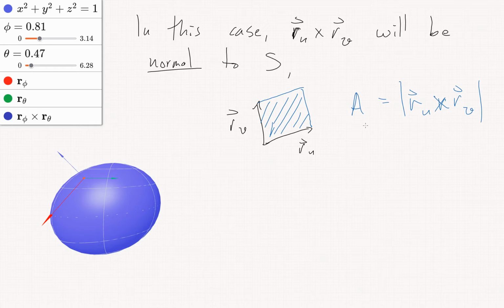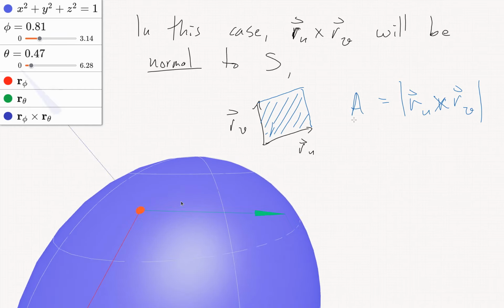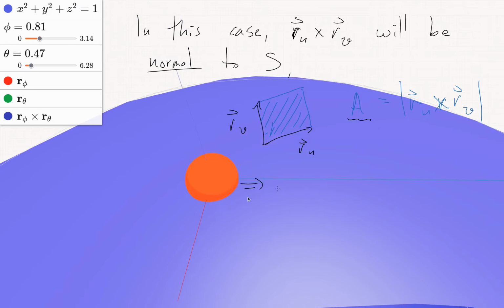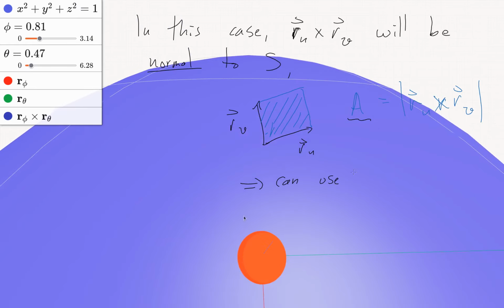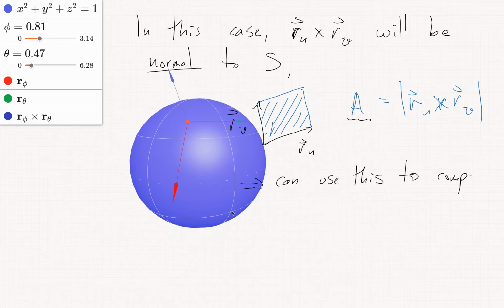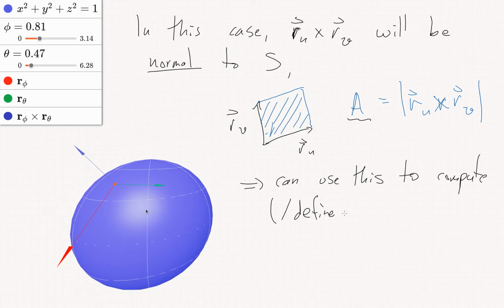Now, this parallelogram gives a good picture of the surface near the point where we're evaluating. So we can use this as an infinitesimal area to compute, or define, depending on your point of view, surface area.